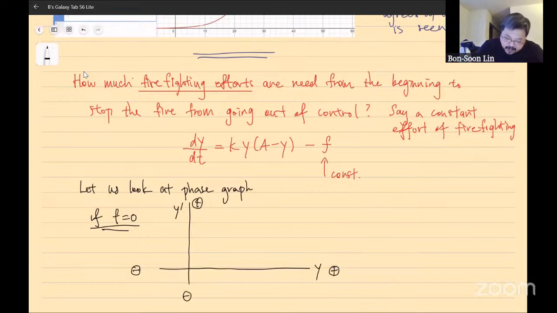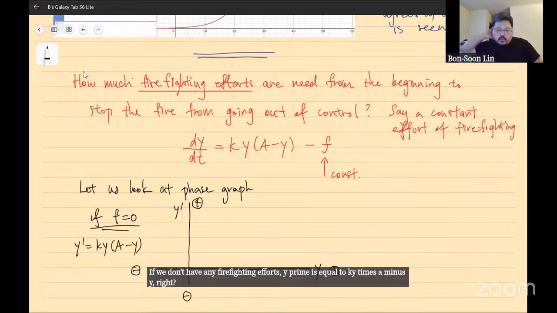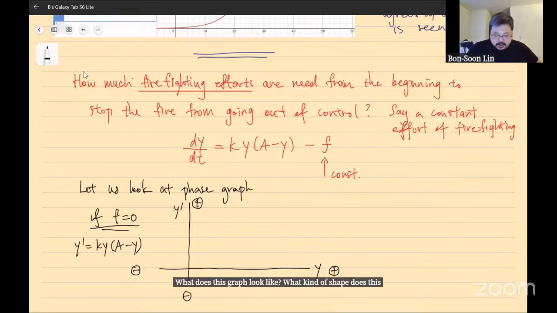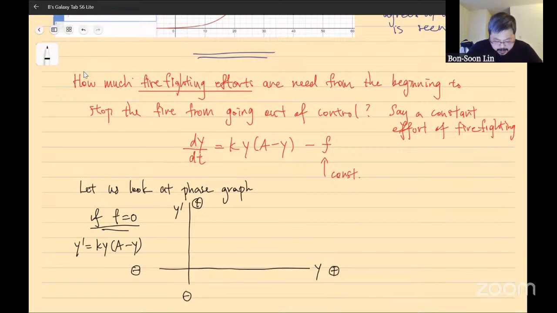If we don't have any firefighting efforts, y prime is equal to ky times (a minus y). What kind of shape does this make? Can someone tell me? It's a parabola, yeah.